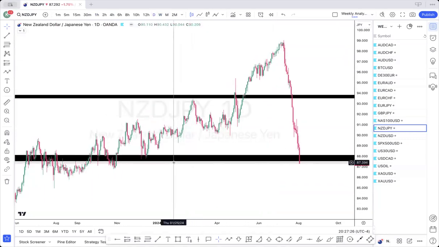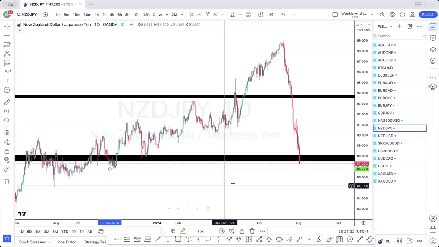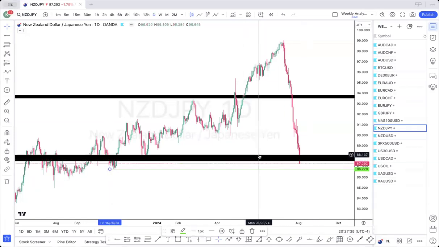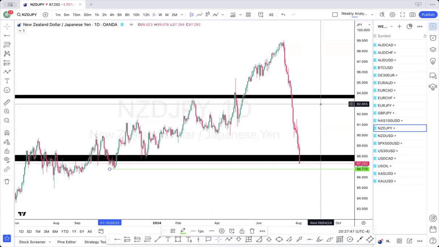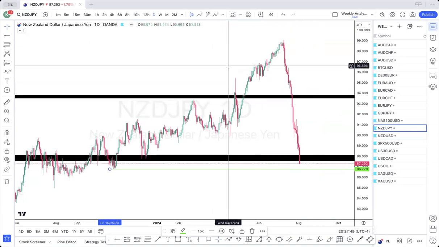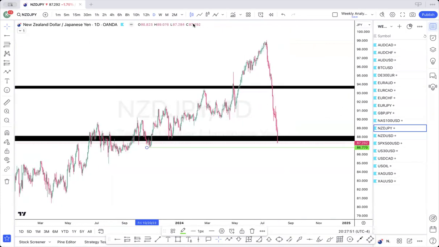This is our current low. Price is either going to sweep that low and then maybe push back up into the zone to start buying. But this is where we currently are.